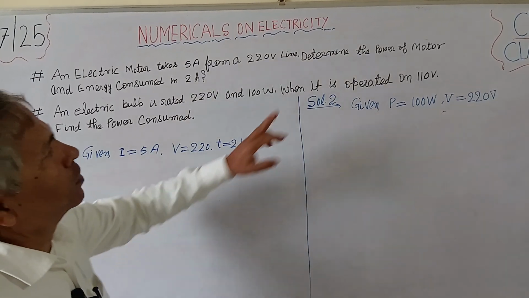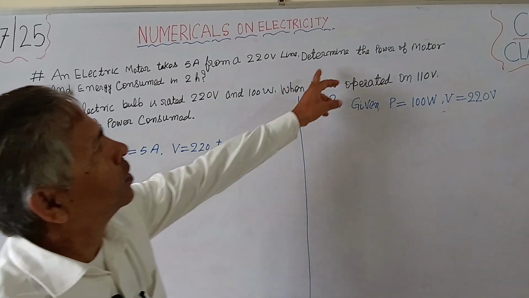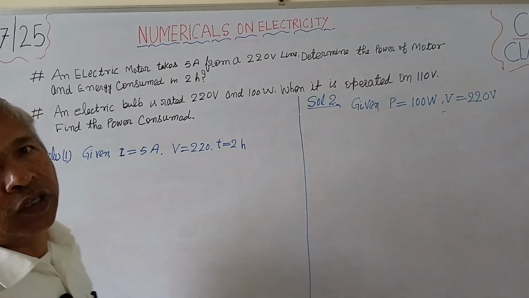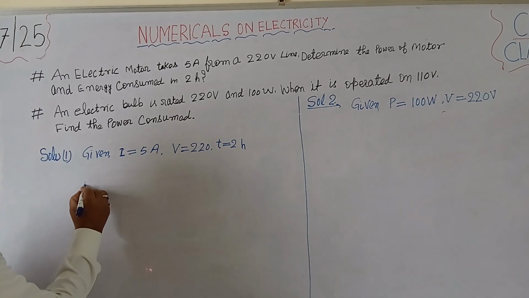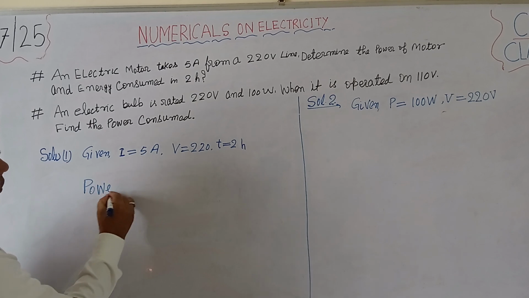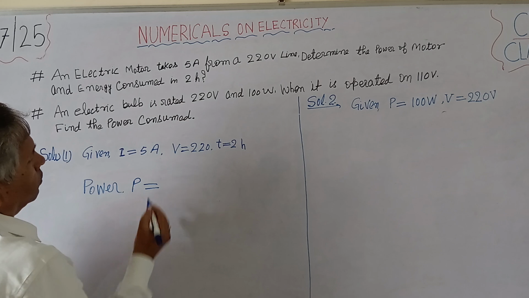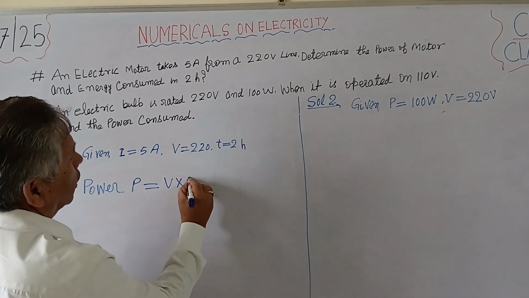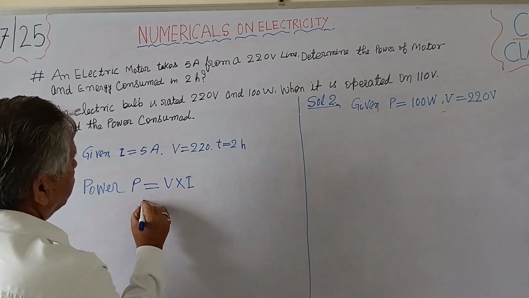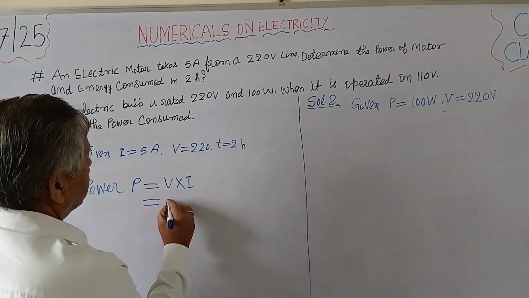So first we will go for the determination of the power of the motor. That means first we have to find the power of the motor. We know that power, that is P, equals V into I, meaning once we multiply the voltage with the given current, we will get the power.